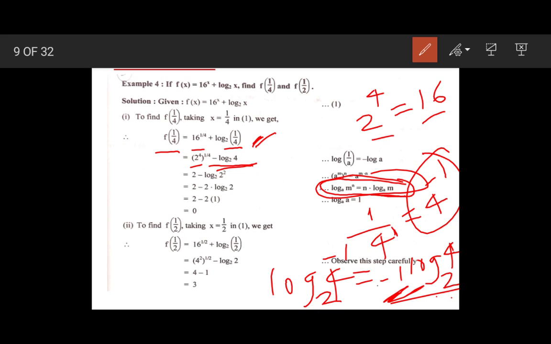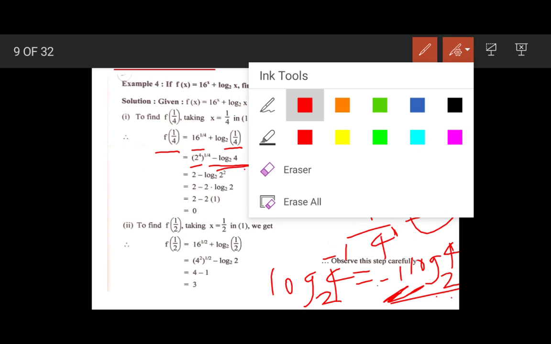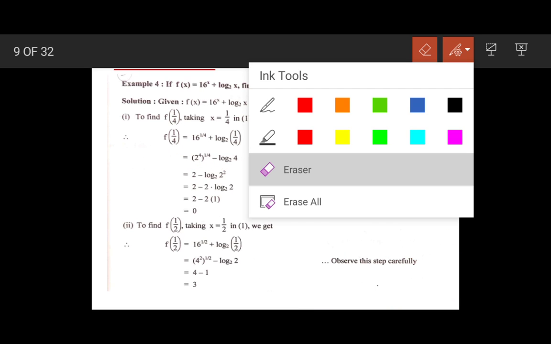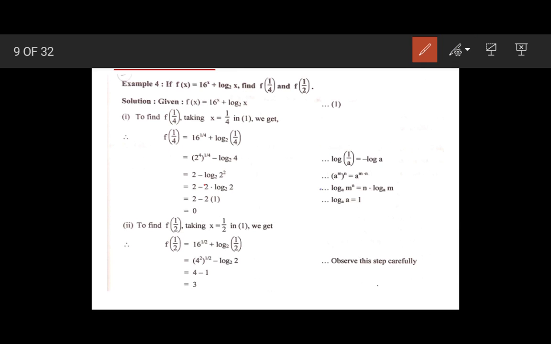Okay. Now this 4 can be written as 2 square. Again I am splitting this 4. So 2 minus log 2 square to the base 2.